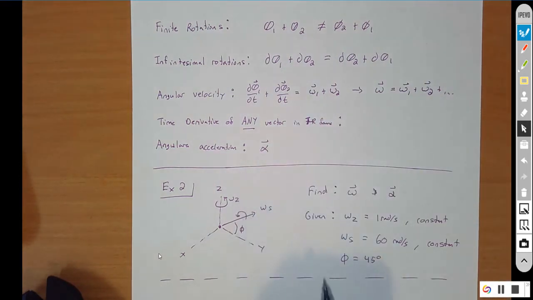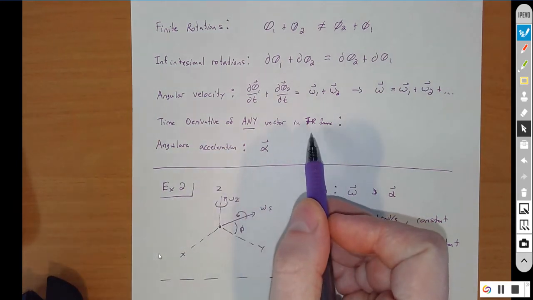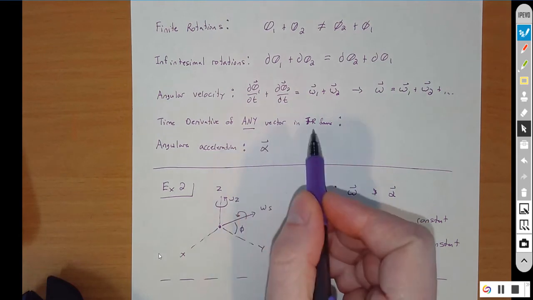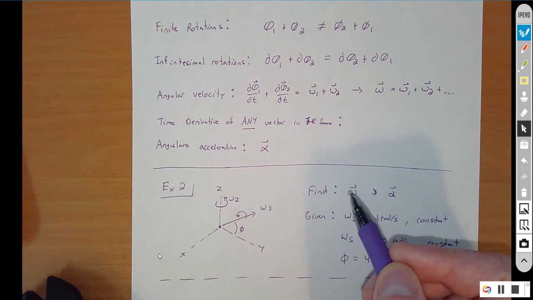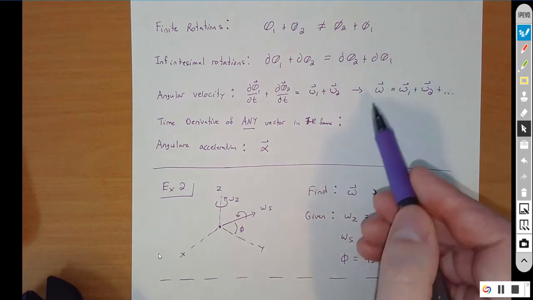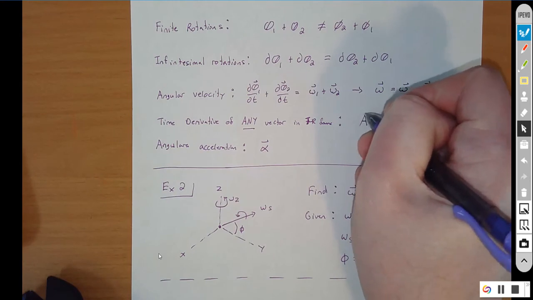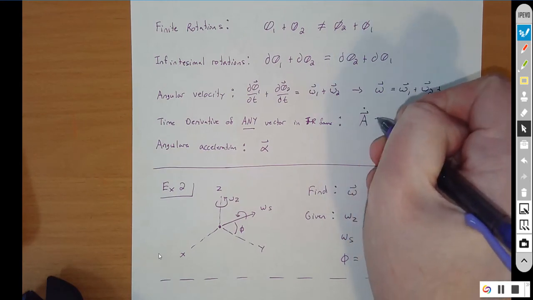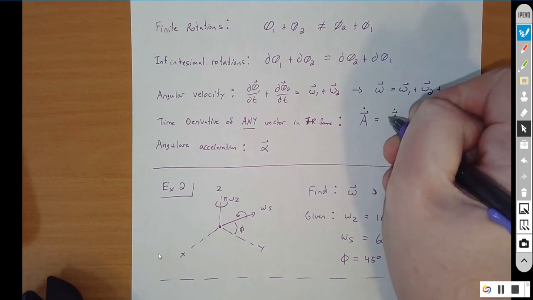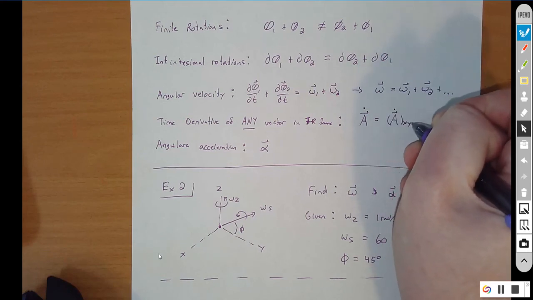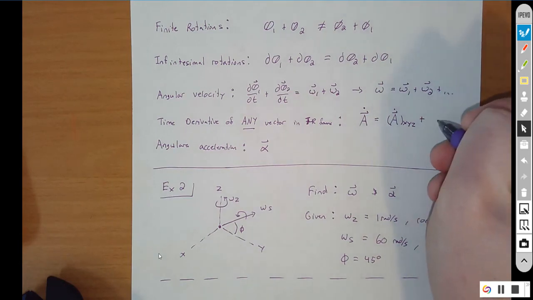I first need to go, and in the book it shows you the proof for this, so I'm not going to prove it here. But if I have any vector in the translating and rotating frame, the time derivative of it, so this is any vector, a lot of times you're going to use this for velocities, but you can also use it for omegas. Well, the general form is that for that vector A, its time derivative is equal to the time derivative of that vector in the local coordinate system, x, y, z, plus something.